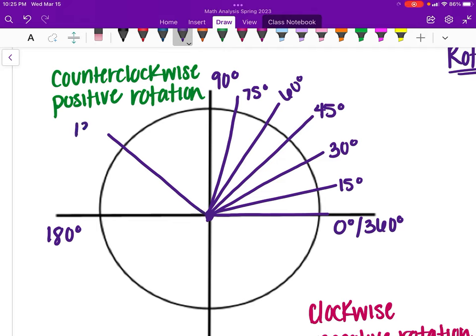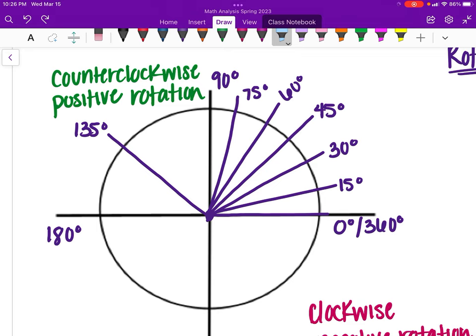And then we could go on from there, right? You could actually break it up into the same sections we did over here on this side, just to find the other angles, right? So we are going to be working with different problems where we have to estimate the type of rotation. So let's go ahead and take a look at a few of our examples here.